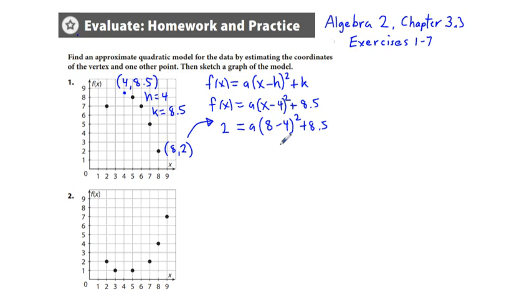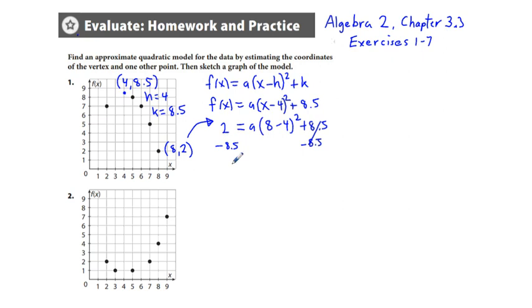And now we can just go about solving here, subtracting 8.5. That will cancel, and then we have 8 minus 4 is 4, and 4 squared is 16.